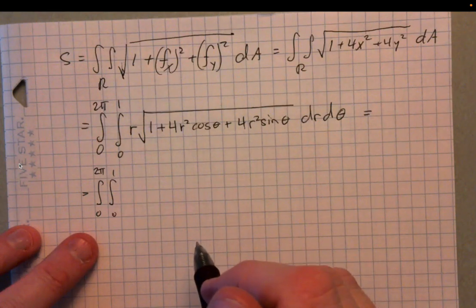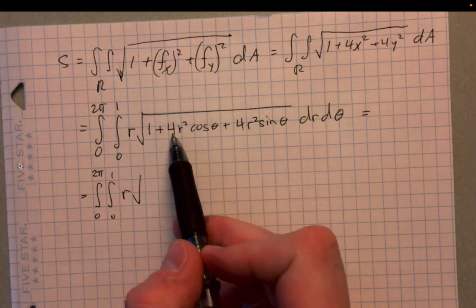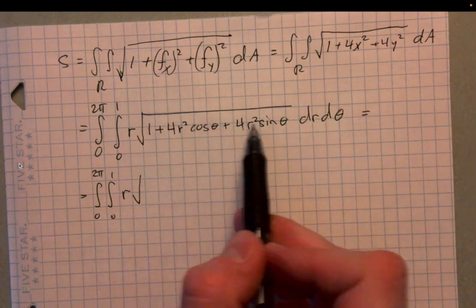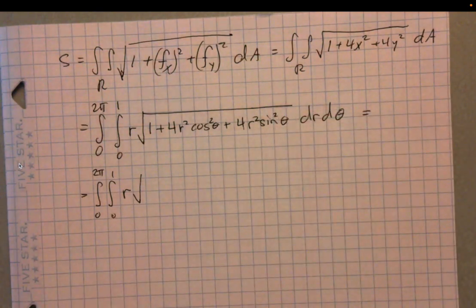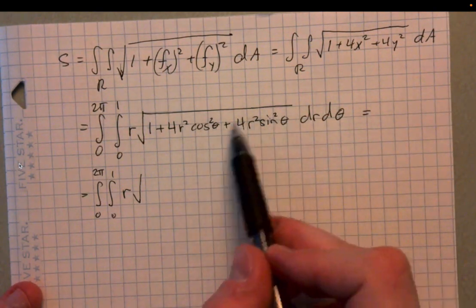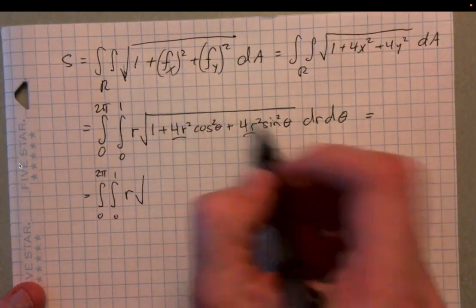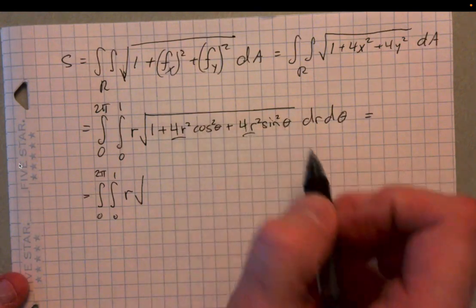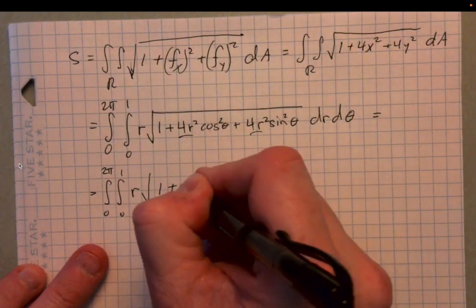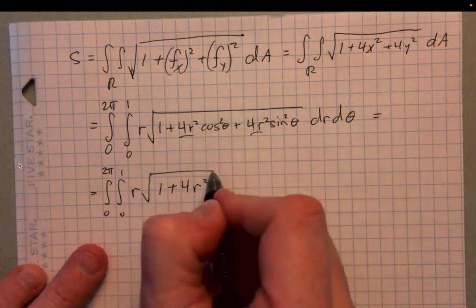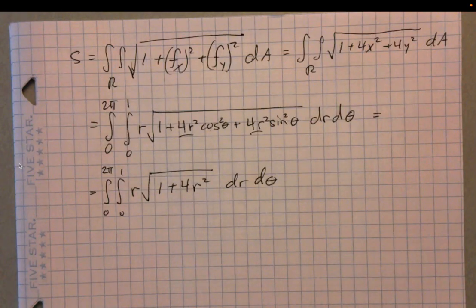Just leaving the r up front here for now. If you factor a 4r squared out of these two, you get, these should be squared as well, cos squared theta, sine squared theta. Sorry about that. This would be cosine squared theta plus sine squared theta, and so those two together are 1. So if you factor this out, you get basically 4r squared times 1. And so the inside can be greatly simplified down to 1 plus 4r squared. Right, that's just the Pythagorean identity there.